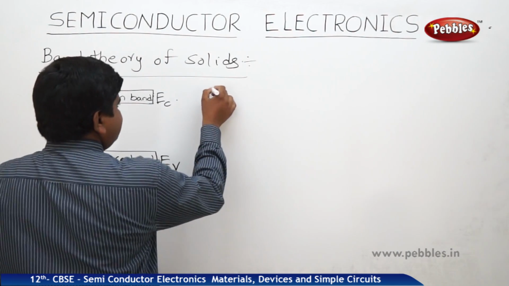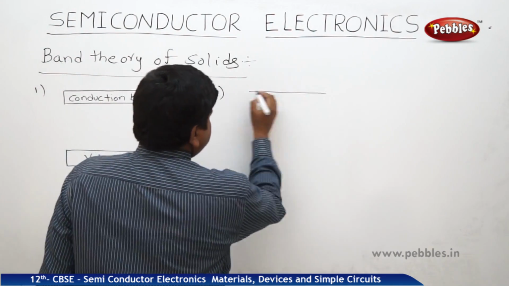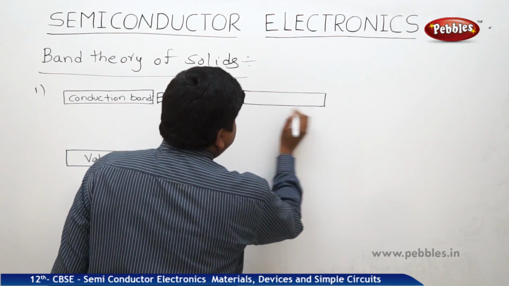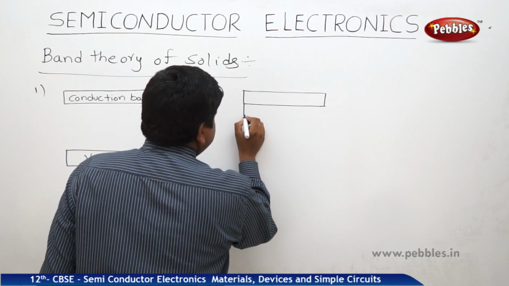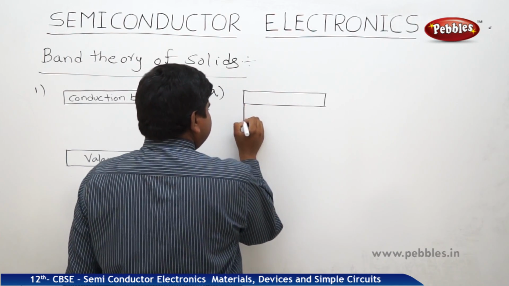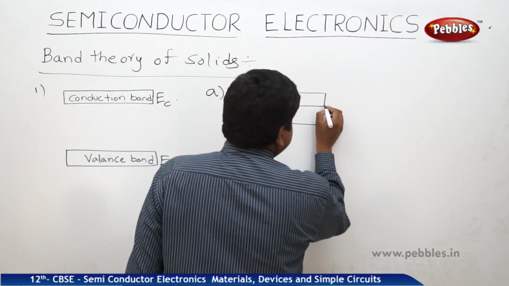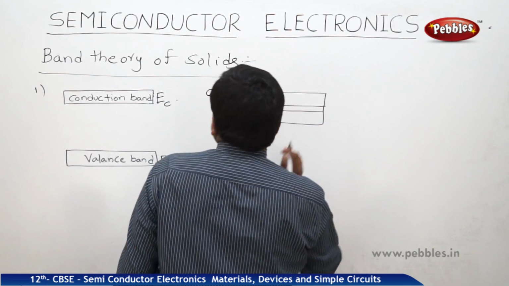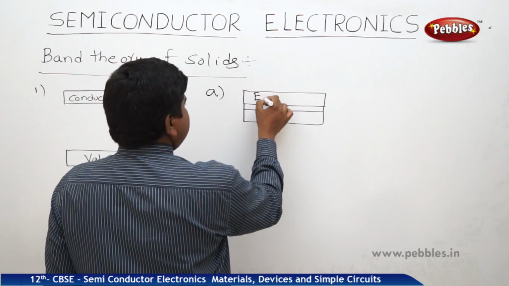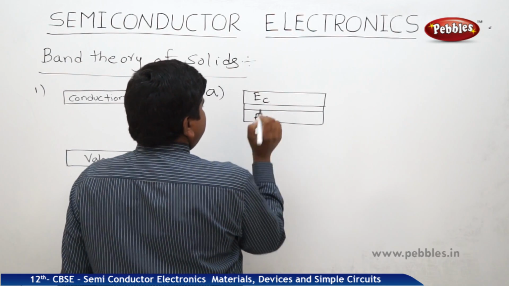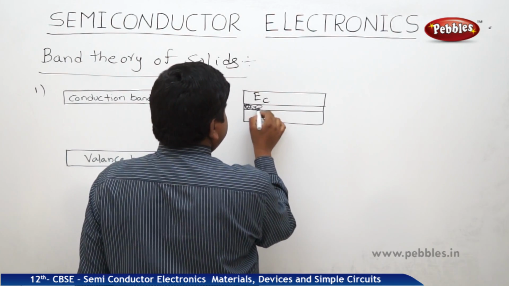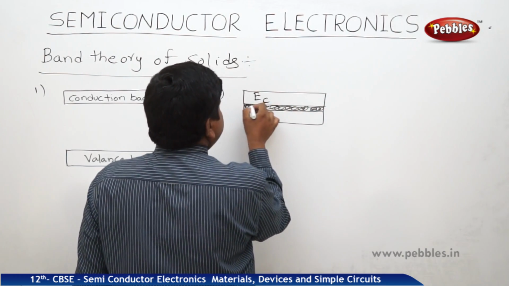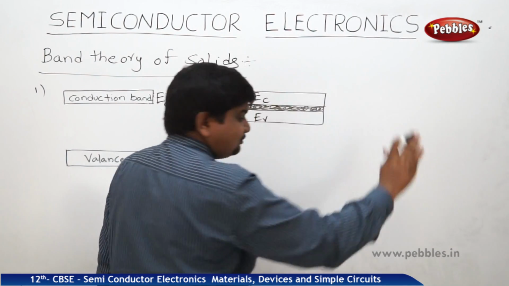Suppose these two bands overlap with each other. This is the conduction energy, this is the valence energy, and they are overlapped.